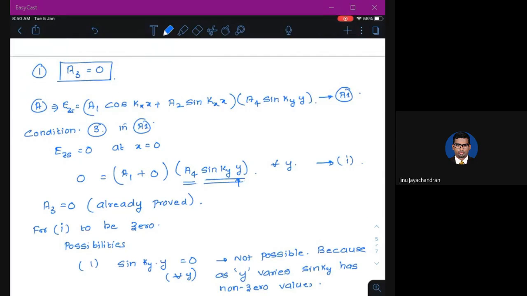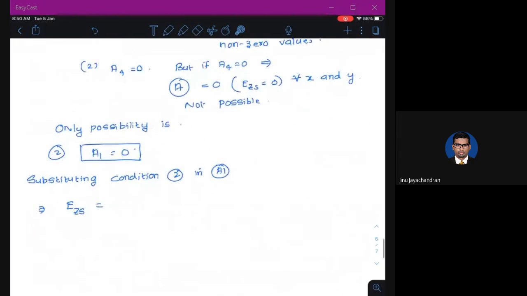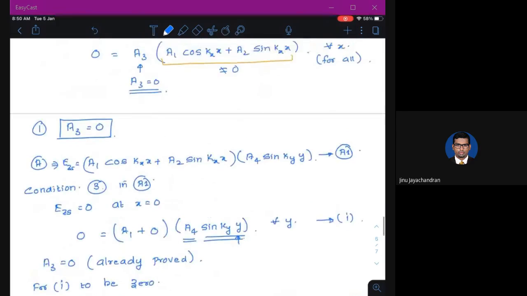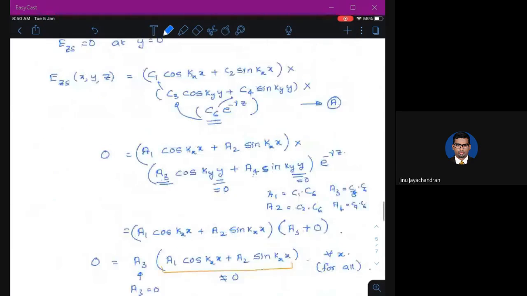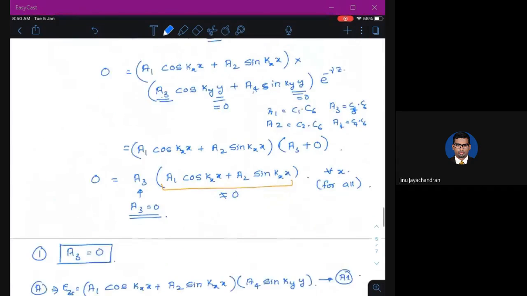So now we will be left with only two terms, because this is already 0. So you will have A2 A4 sine kxx into sine kyy into, I think I forgot to multiply it with e raised to minus gamma z.